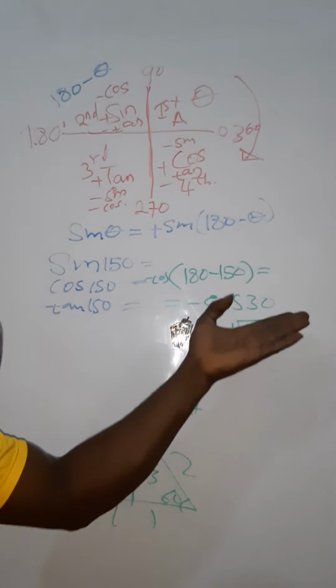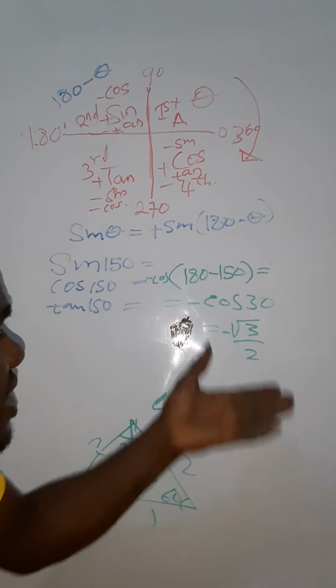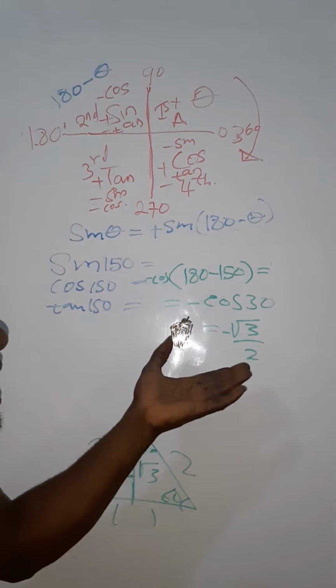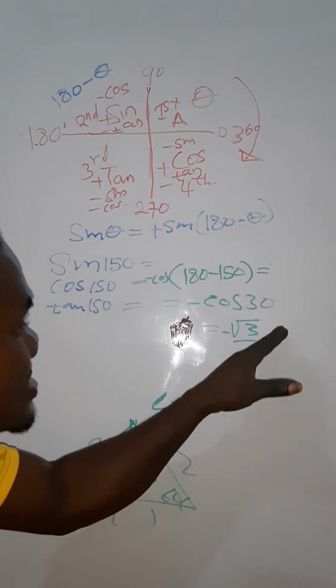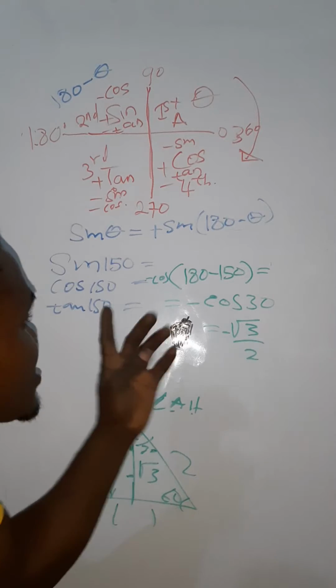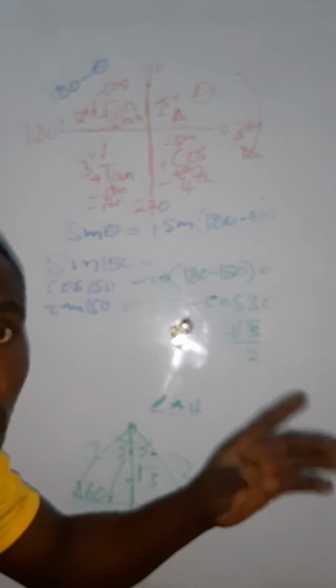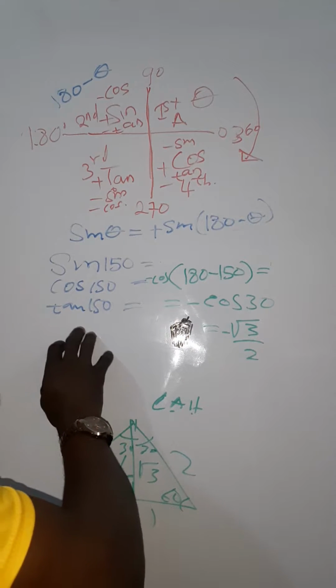By the time you find the answer to this one, which is going to be 0 point something, you will see that when you press cos 150, your final answer will give you the same answer as this one. The difference is that cos 150 will be negative, cos 30 will be positive, but they will have the same value.